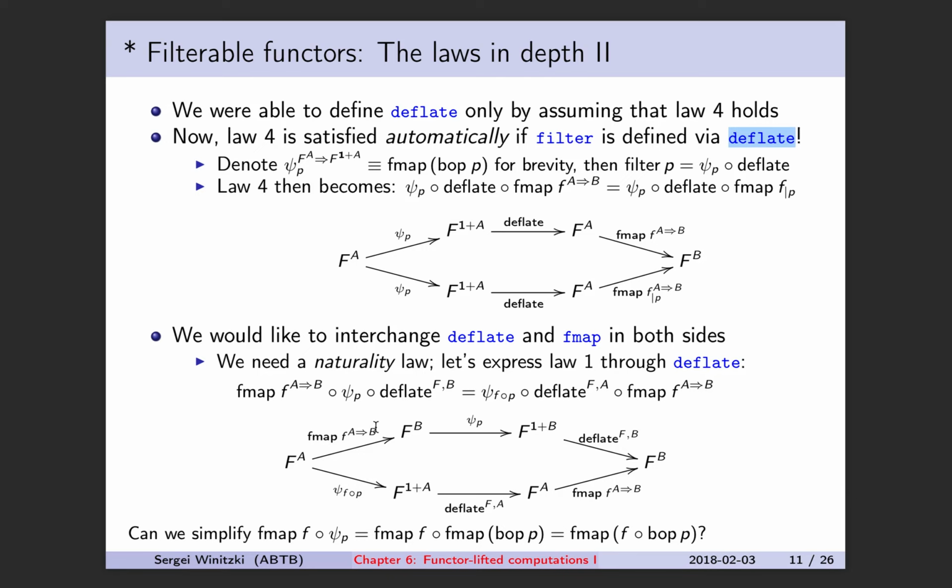I explain how that works in a detailed derivation. I give a type diagram for how deflate operates in law 4. I explain how to read this diagram and how to simplify these kinds of expressions.